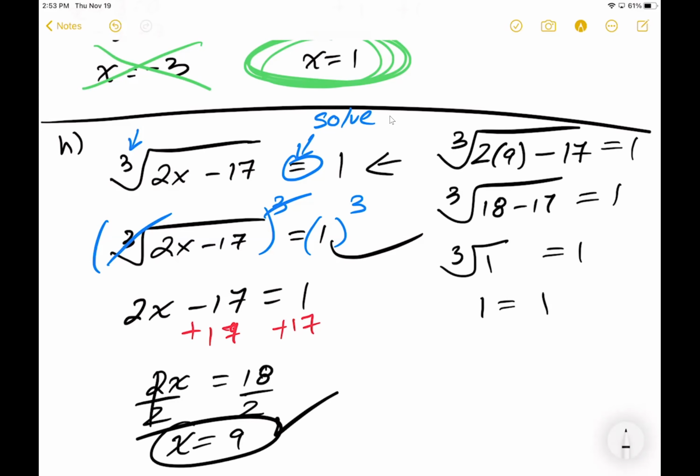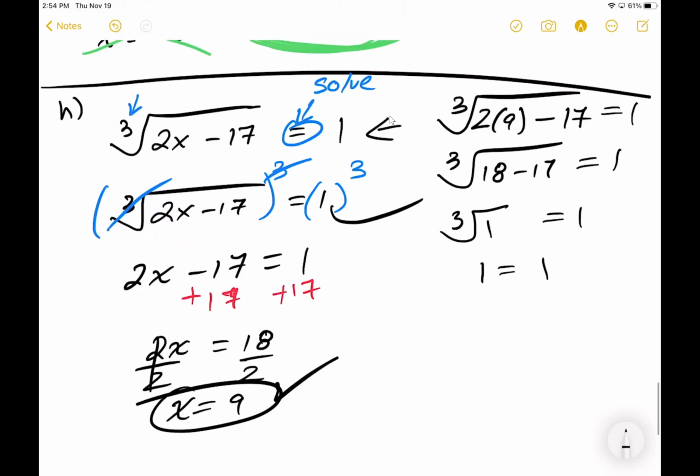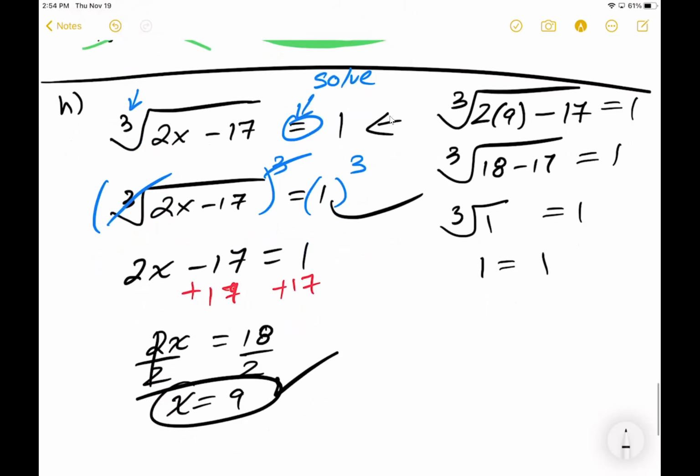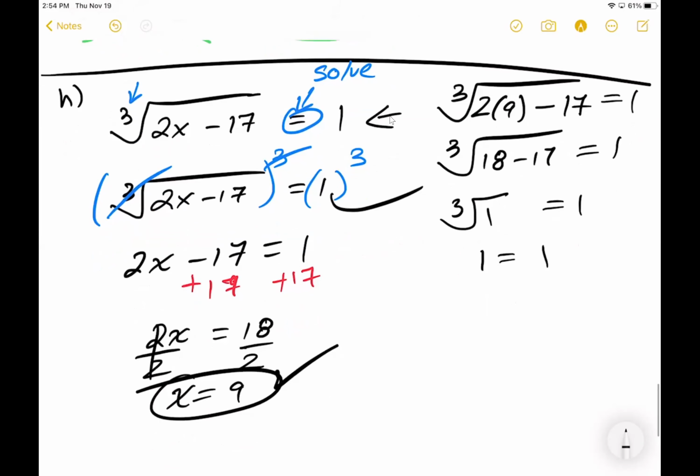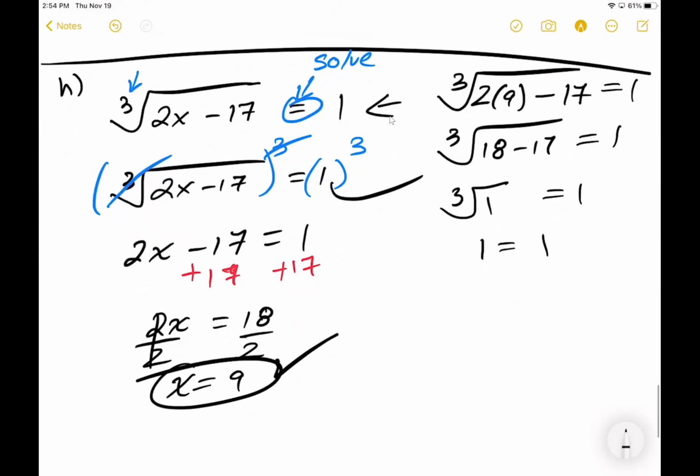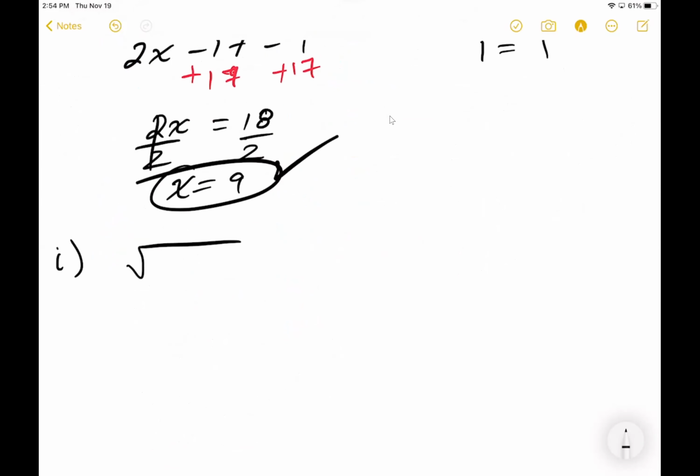All right. So that's what we have in terms of solving. Question, ladies and gentlemen. If you were to see this on your homework or your quiz over the weekend, you can see that it's actually easier than it looks.